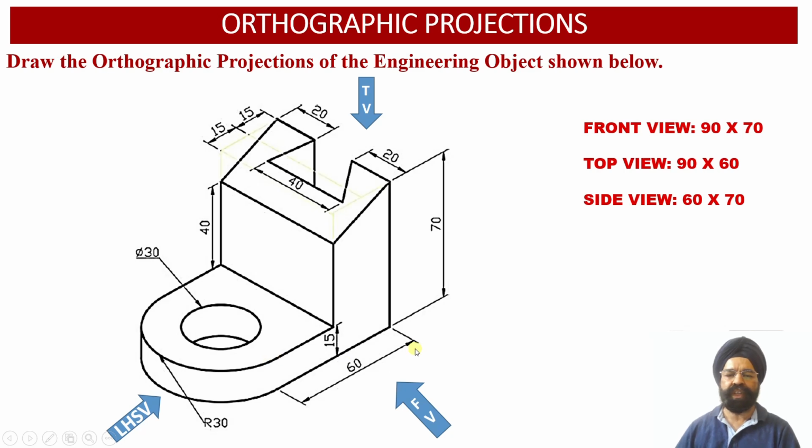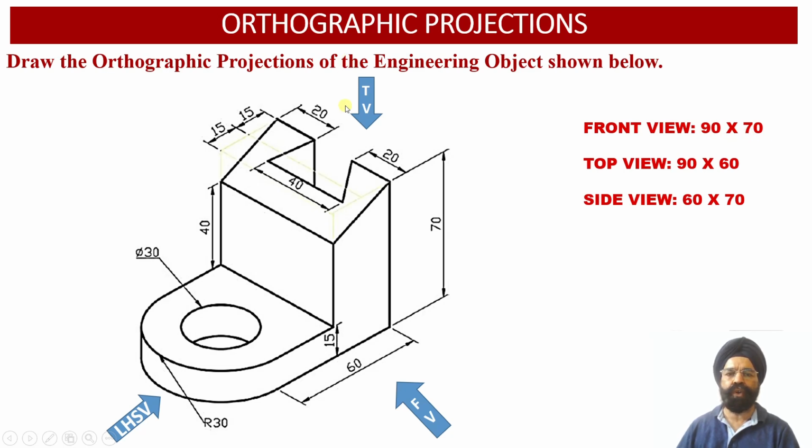So the width of the solid will be equal to 60 millimeter plus 30 millimeter, that is equal to 90 millimeter, and the height of the solid happens to be equal to 70 millimeter. So the dimensions of the front view face of the solid will be 90 millimeter width and 70 millimeter height.